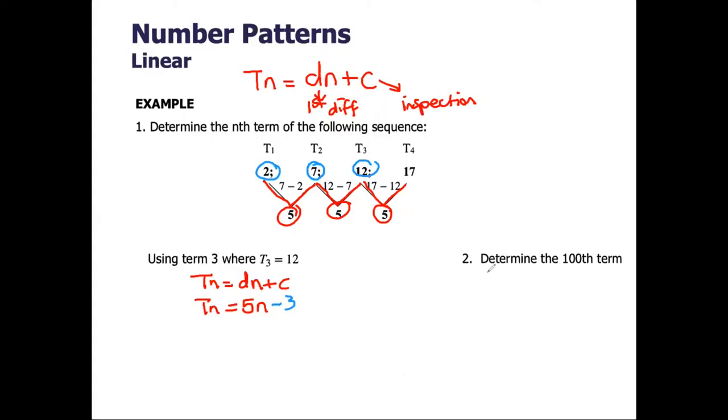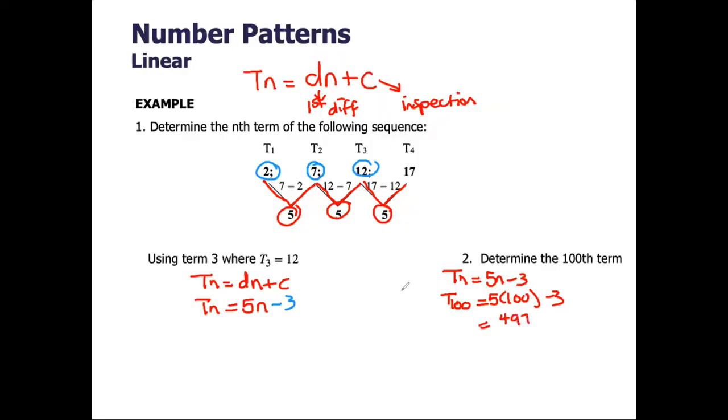And the second part to that question asks, determine the 100th term. So we will say Tn is 5n minus 3, and we now want the 100th term. So we will say 5 times 100 minus 3, and 500 minus 3 is 497.